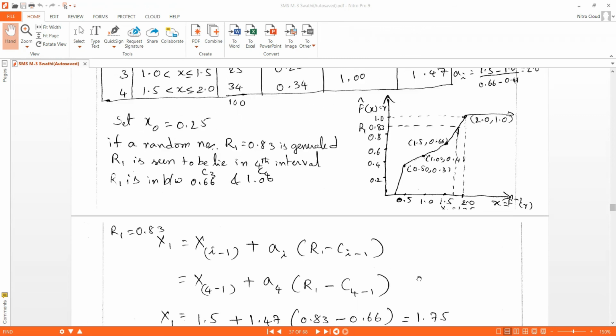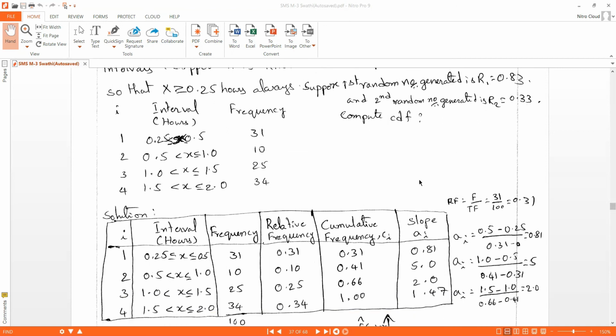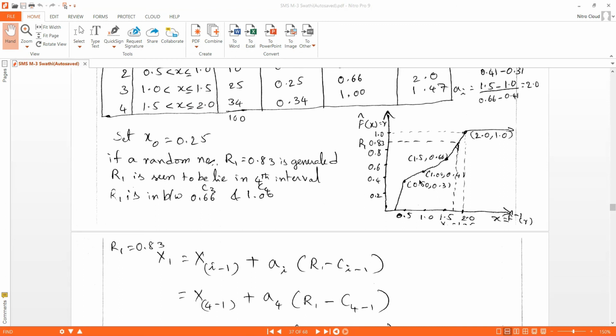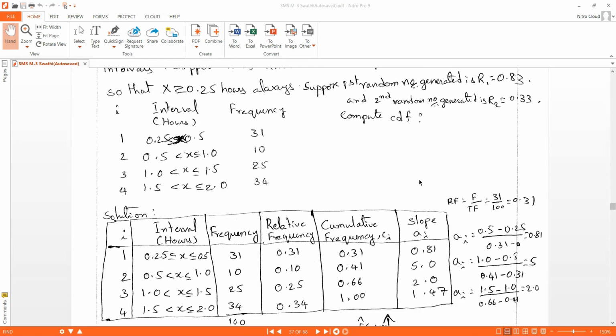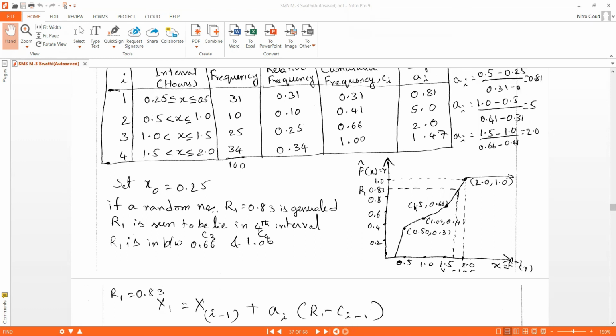Now in this problem they have asked us to calculate the x value when the second random number generated is R2 equal to 0.33. What is the CDF they have asked us to calculate? The second random number given in the problem is 0.33. 0.33 comes in what range here?